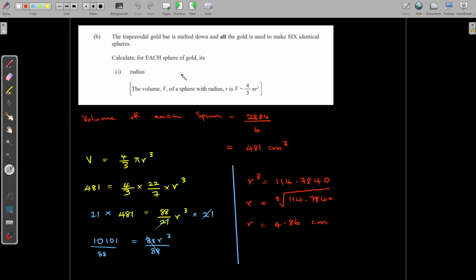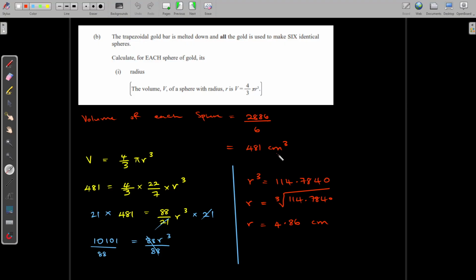So that means each of those spheres must have the same volume. So we took the volume of the trapezoidal gold bar and divided it by 6. So each sphere is going to have a volume of 481 centimeters cube. Following?